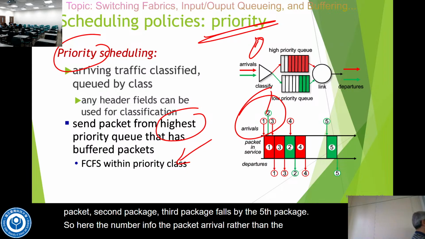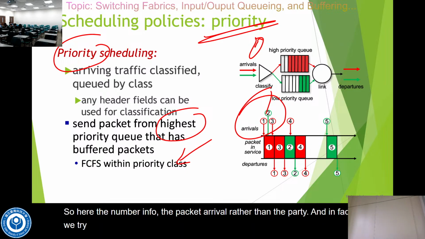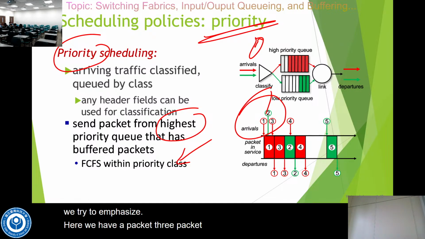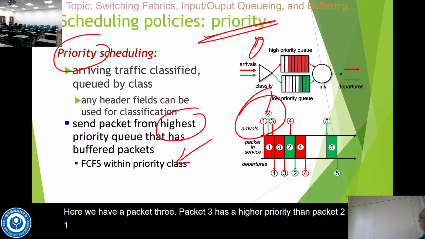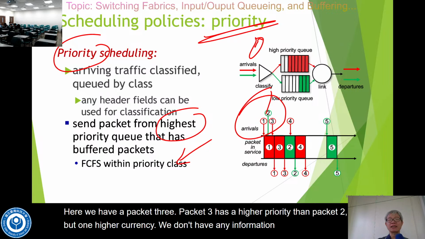And in fact, we try to emphasize, even though we have packet 3, that packet 3 has a higher priority than packet 2. But for packet 1, currently we don't have any information on whether 1 is higher than 3 or not.